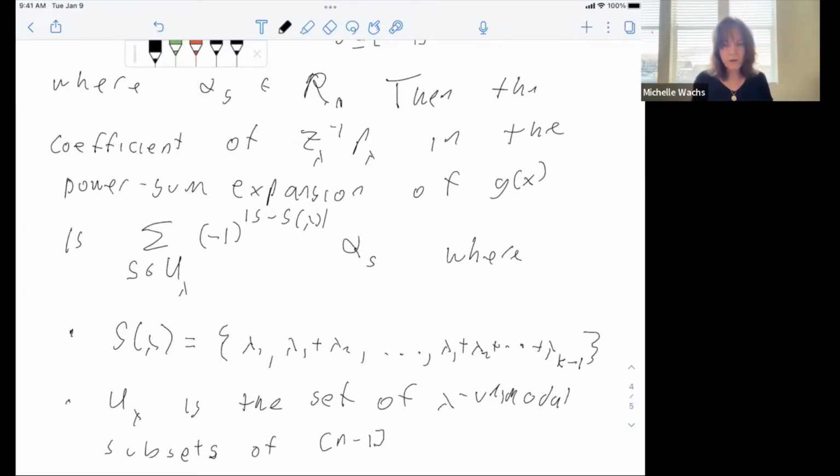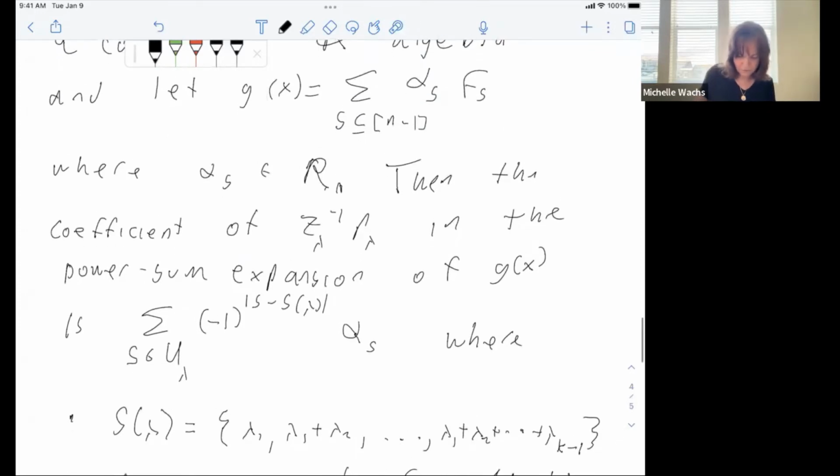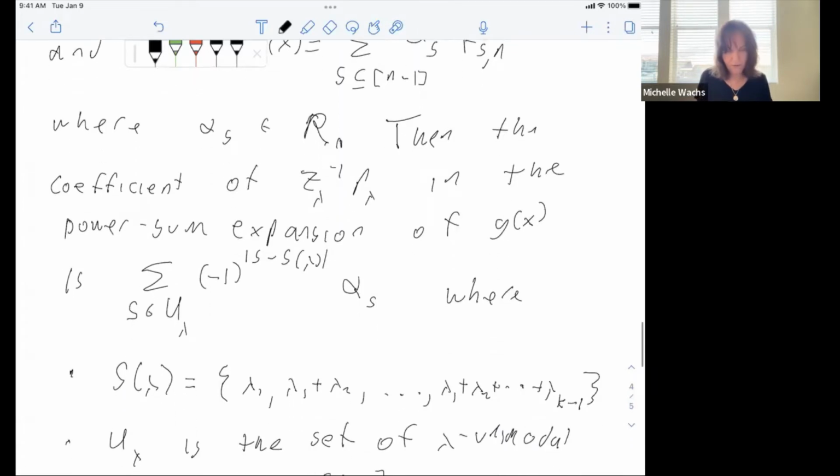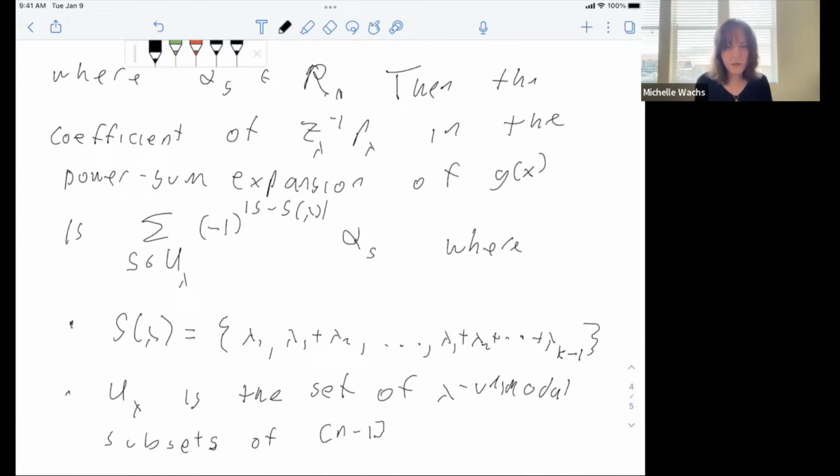Okay, so I need to say what a lambda-unimodal subset is, but other than that, I think the result is clear. These are certain subsets. You sum over those subsets using the coefficient of the fundamental, alpha_S. I left off the n here, so I guess there should be an n there, but n is fixed. So that's how you get the coefficient in the power sum expansion.